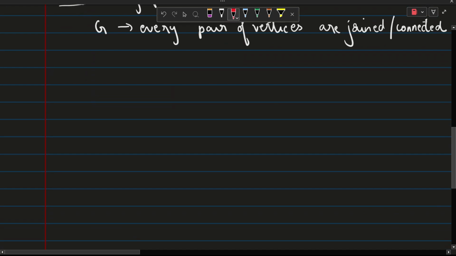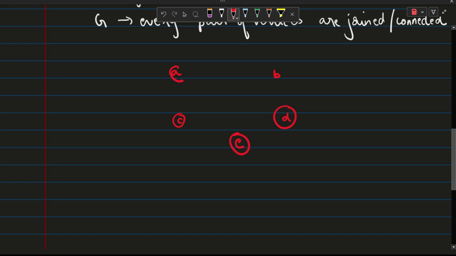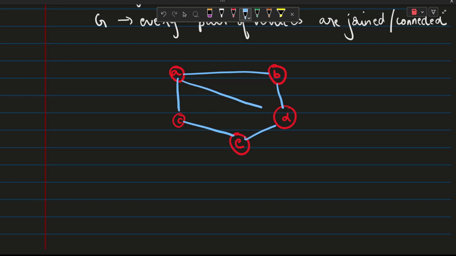Let me give you another example for complete graph. The following graph is a complete graph because there is an edge between every two vertices in this graph.